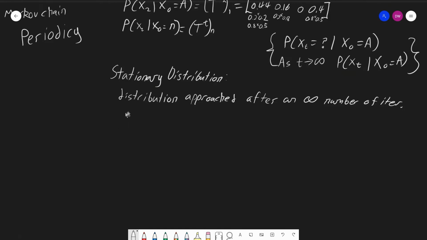Also, keep in mind that this is given some initial condition, some x sub 0. So in this case, let's try to find the stationary distribution for the particular matrix we have here.